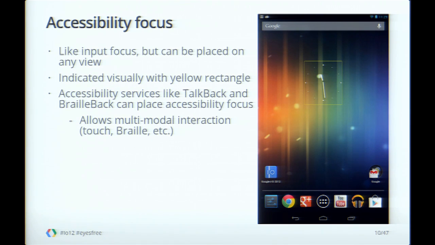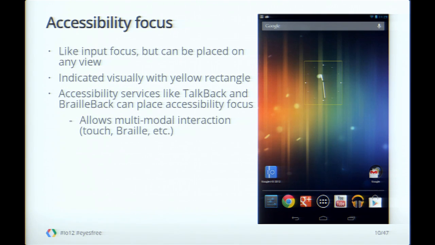Accessibility focus can be placed anywhere by the accessibility service, and this allows multiple modes of interaction. It's handled by the system, which means that there is one global source of truth. But again, accessibility services get notified when it moves, and they also have control over it.